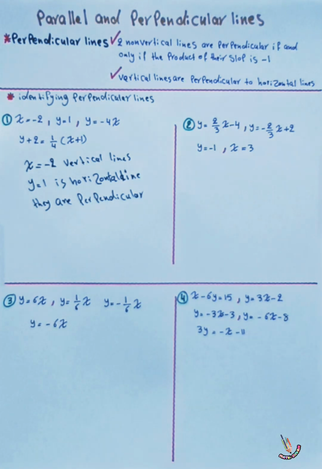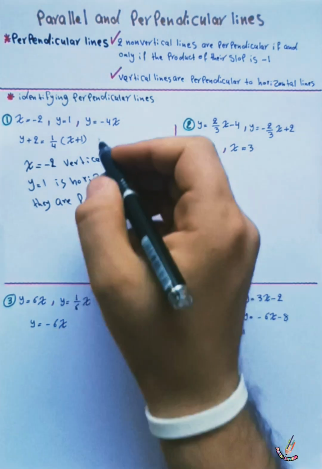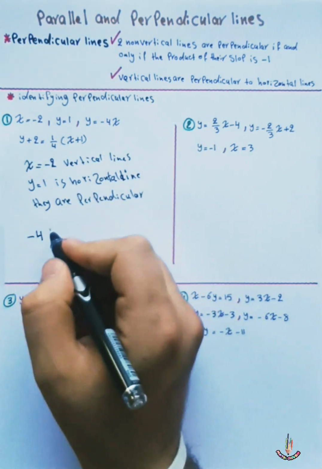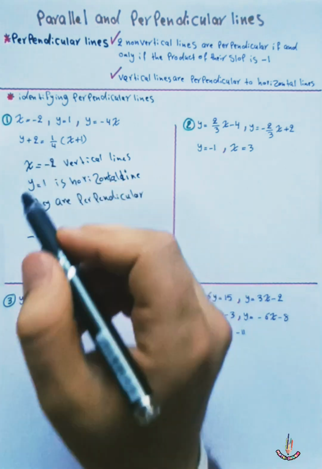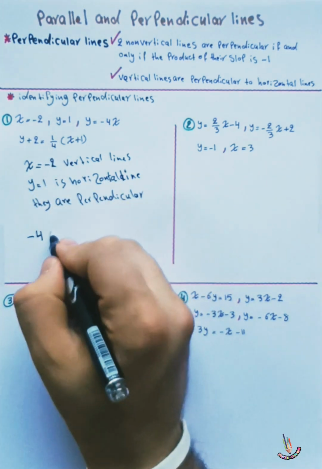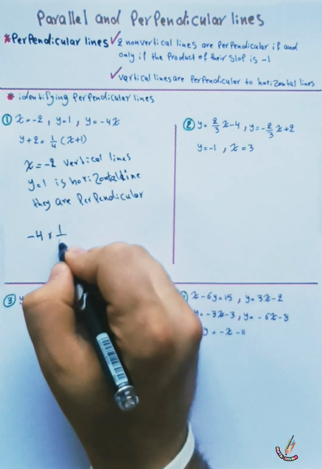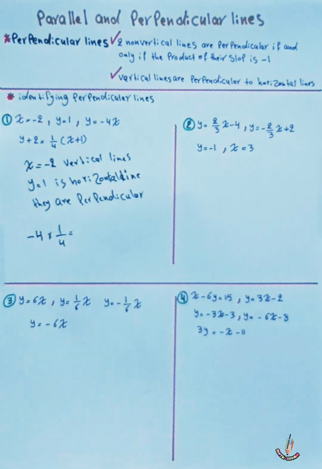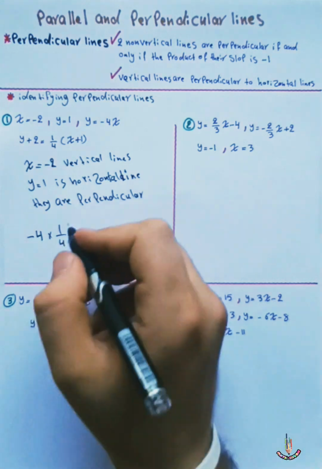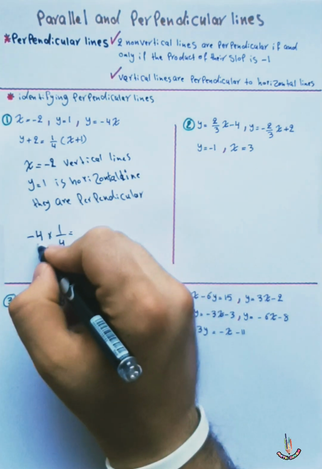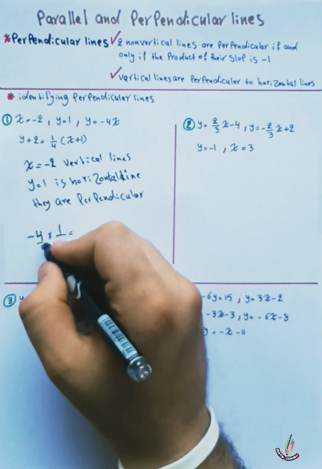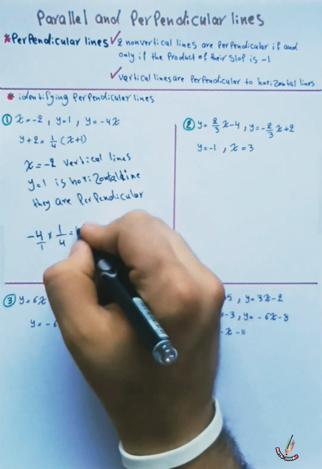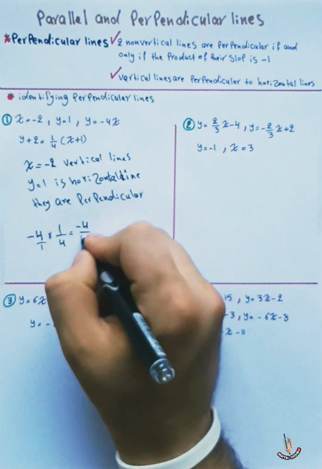After that, if the slope for this line is negative 4, and then the slope for this line is 1 out of 4. When we multiply these two slopes, if we get negative 1, it means these two lines are perpendicular. So we have to make this whole number into a fraction, and then negative 4 multiplied by 1 equal to negative 4. 1 times 4 equal to 4.